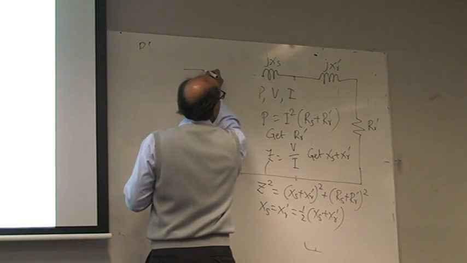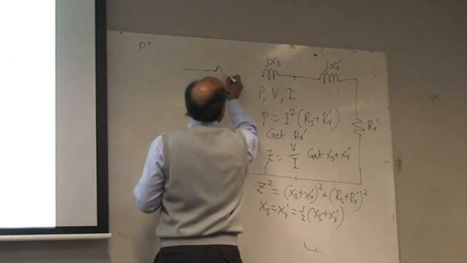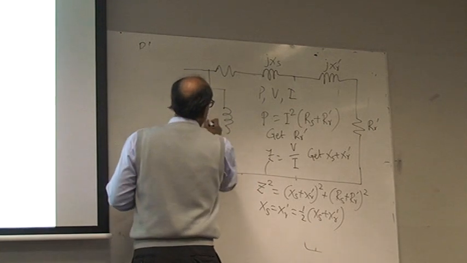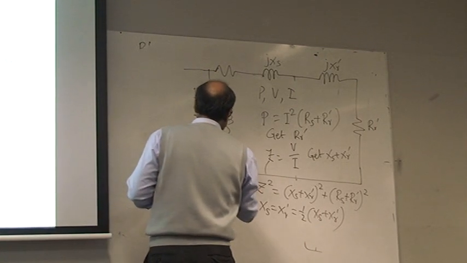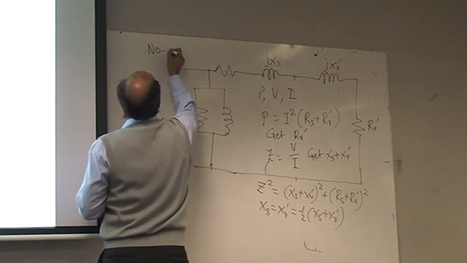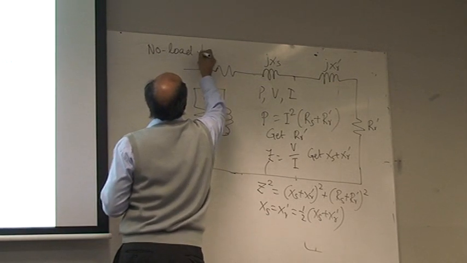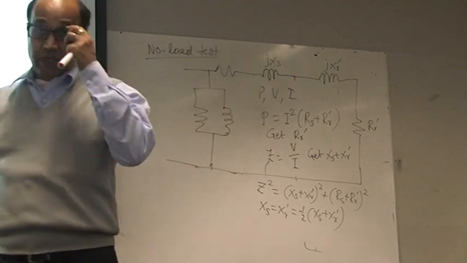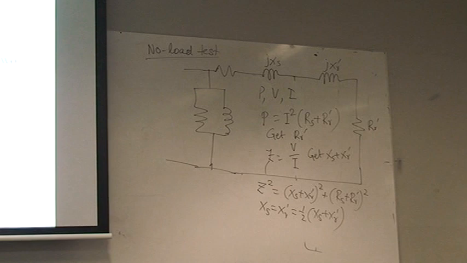Okay, so now we have the last parameter. So that's called no load test or running test. So in the no load test, effectively the motor is allowed to run without any load.